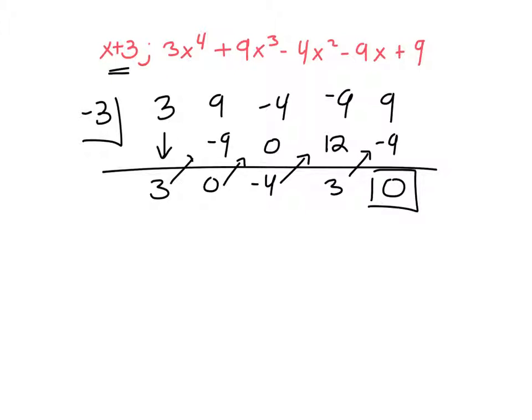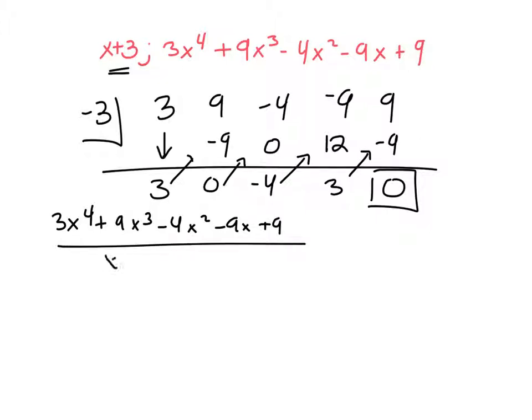So that means that you could write your solution. Let me write this out, because this is an important point. Previously, when we were talking about synthetic division, we were talking about it with regards to dividing two polynomials, and we would say the answer is 3x to the 3rd power plus, so this would be x to the 3rd, that'd be x squared, that'd be x, and that last one would just be a constant.